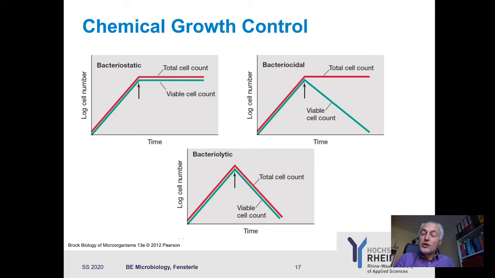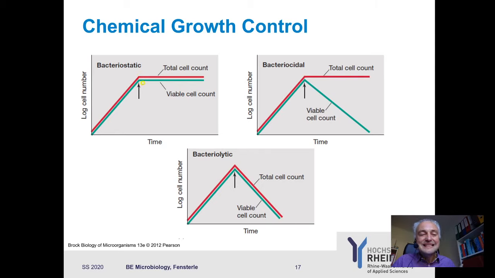And although you remember it, just to explain it again, we have three basic differences with respect to chemical growth control. We have agents which are bacteriostatic, agents which are bactericidal, and agents which are bacteriolytic. The bacteriostatic agents block growth. As soon as you apply these agents, the bacteria or the microorganisms can't grow anymore.